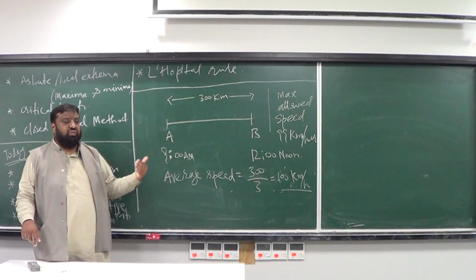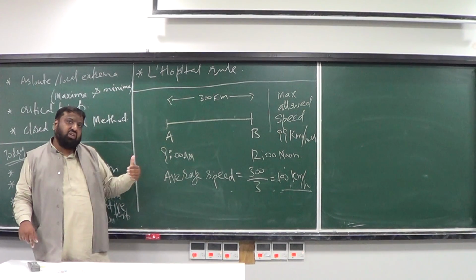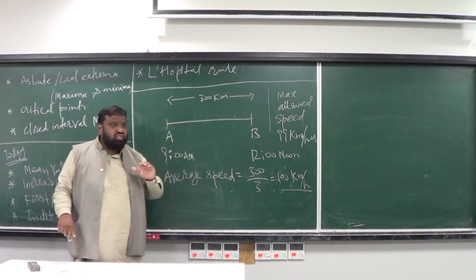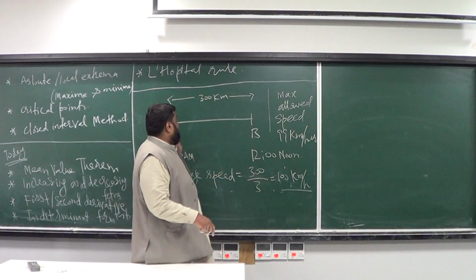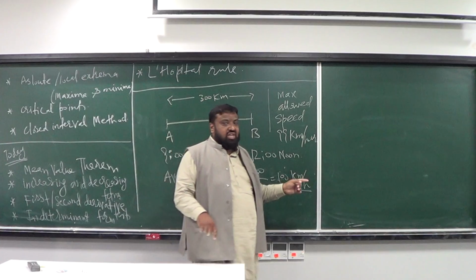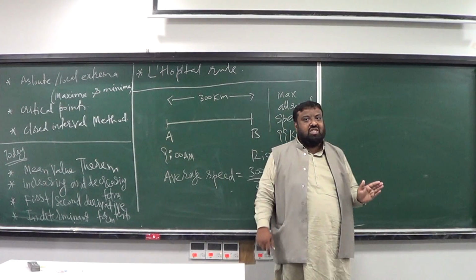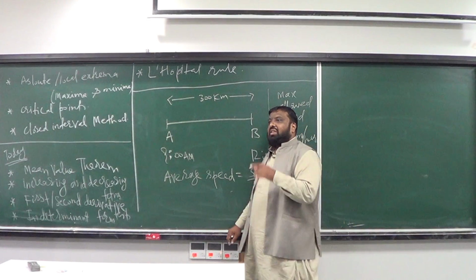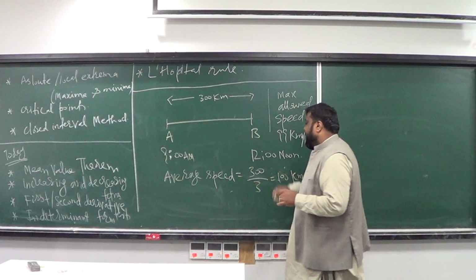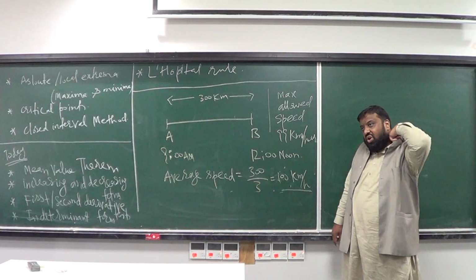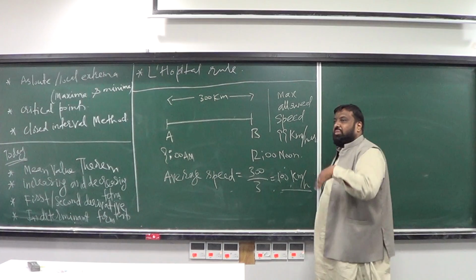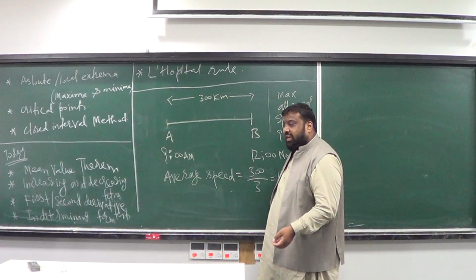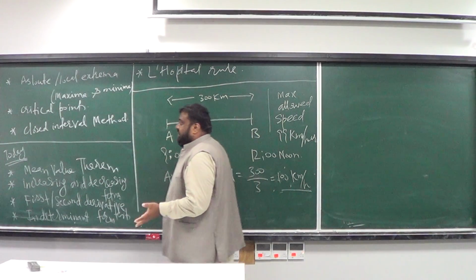So if your speed is below 99 kilometers per hour, there is no way that you can cover 300 kilometers in 3 hours. So if you have covered 300 kilometers in 3 hours, that means there must be an instant where you have reached or crossed the 100 kilometer per hour speed actually. Okay, so that means you have to pay the challan actually.